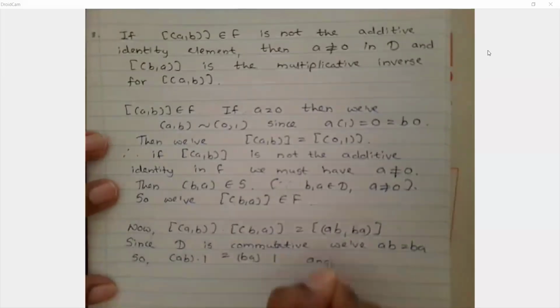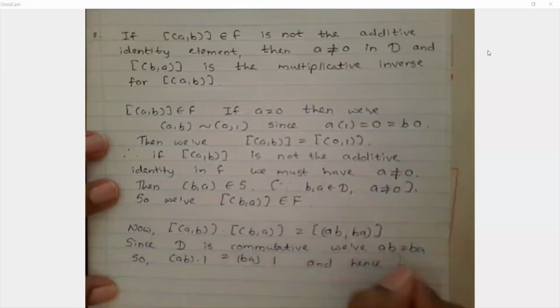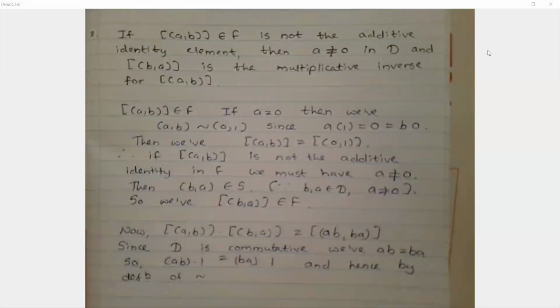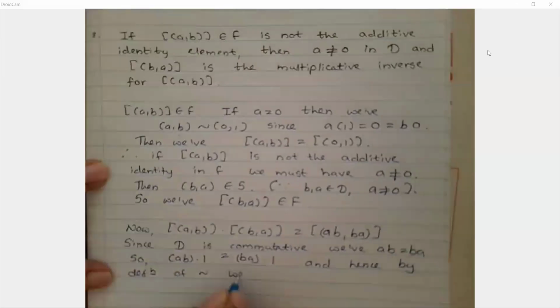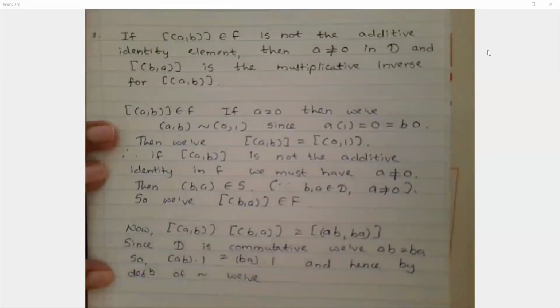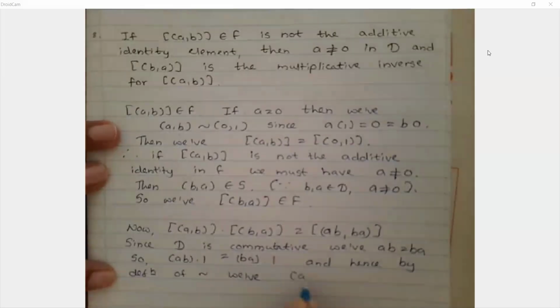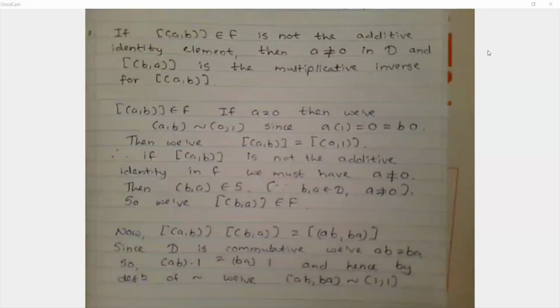And hence, by definition of tilde, we can write BA times 1 as 1 times BA because D is an integral domain. And then by definition of tilde, we see that AB, BA is equivalent to 1, 1.